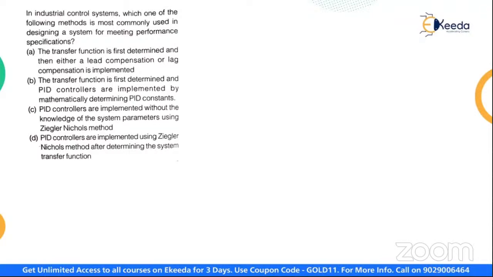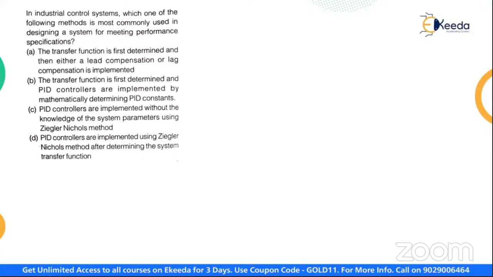In industrial control systems, which one of the following methods is most commonly used in designing the system to meet performance specifications? Option A: the transfer function is first determined and then lead or lag compensators are implemented. Another option: the transfer function is first determined and PID controllers are implemented by mathematically determining PID constants.